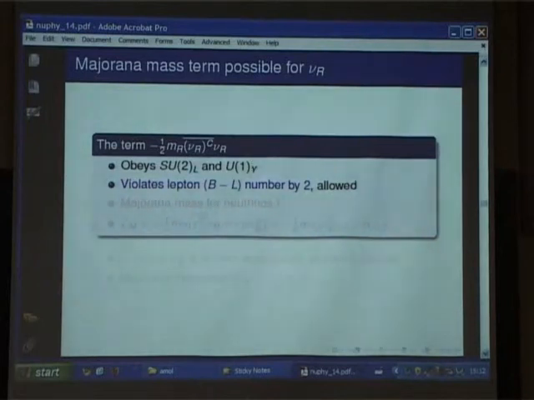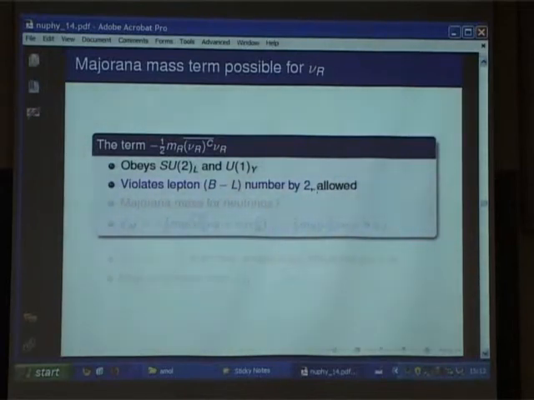It violates lepton number by 2 because nu has lepton number equal to plus 1. So nu conjugate has lepton number equal to minus 1. So nu conjugate bar has lepton number equal to plus 1. So this term has lepton number equal to plus 2. So if this term is in the Lagrangian, you will violate lepton number by 2.